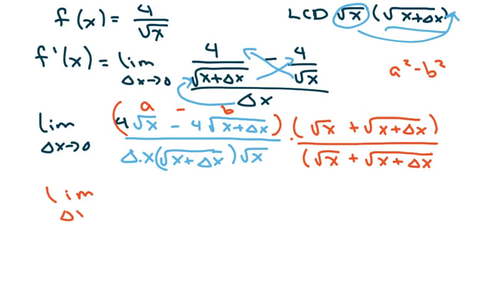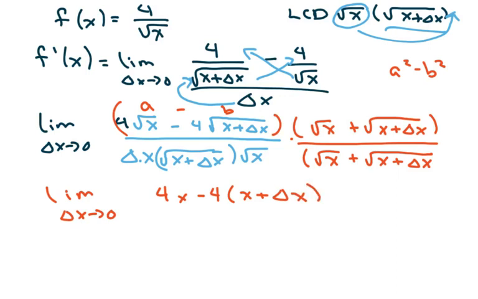So limit of delta x approaching 0, or getting smaller and smaller, and you're going to get 4x minus 4x plus delta x.